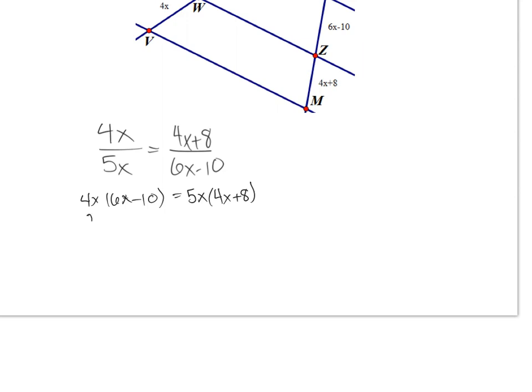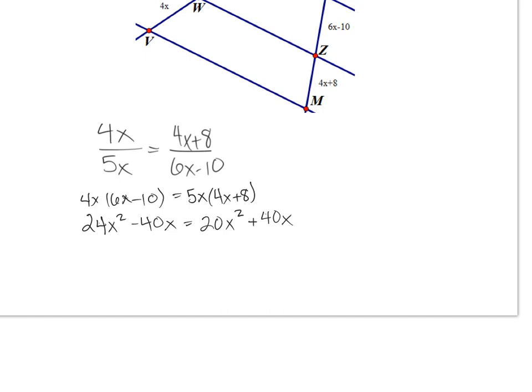Distribute, I get 24x squared minus 40x equals, on this side, I get 20x squared plus 40x. Now I've got x squareds happening, so I need to bring everything to one side.